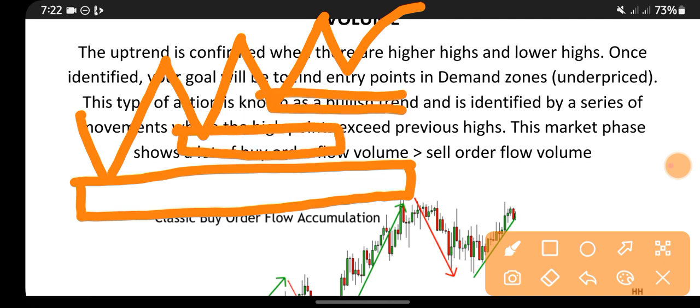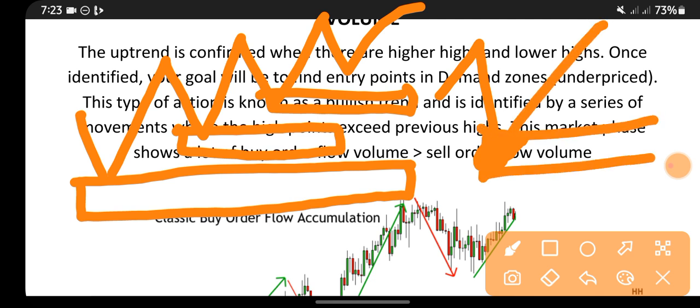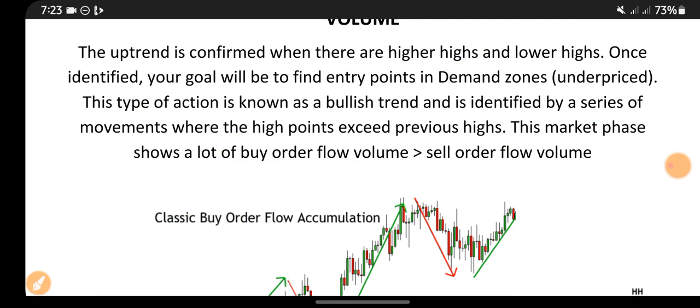This is where the price came and it moved up. Whatever place that the price comes to, and at that point it only touches there and then moves up, that place is a demand zone. But don't worry, we'll talk about the demand zone properly in another lesson.